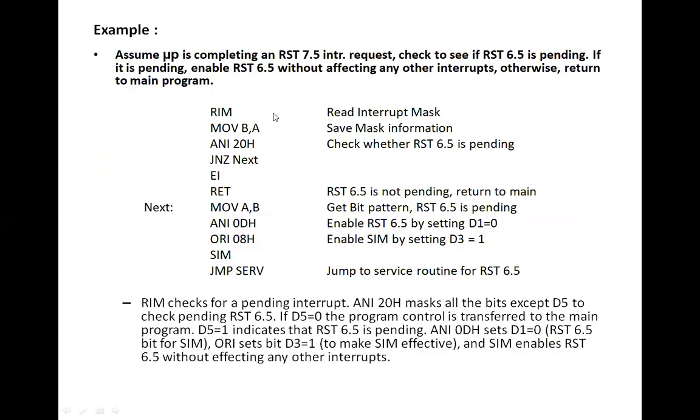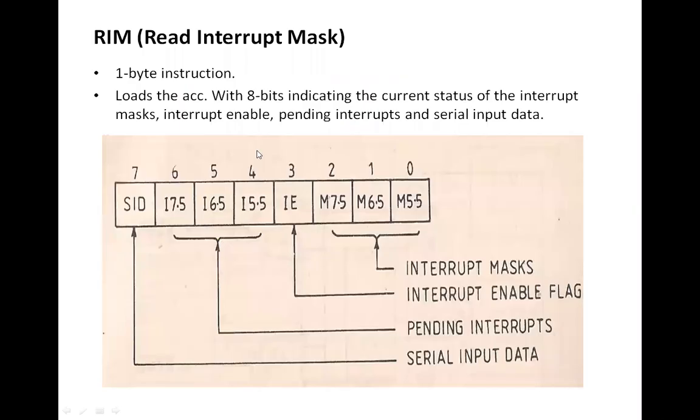So whatever mask information is available in the accumulator will be copied into the B register. Since we have to check the pendency of only 6.5, whatever is the content of the accumulator, we have to check only the pendency of 6.5. So the pendency of 6.5 has to be checked by using the instruction ANI 20. Why is it written ANI 20?